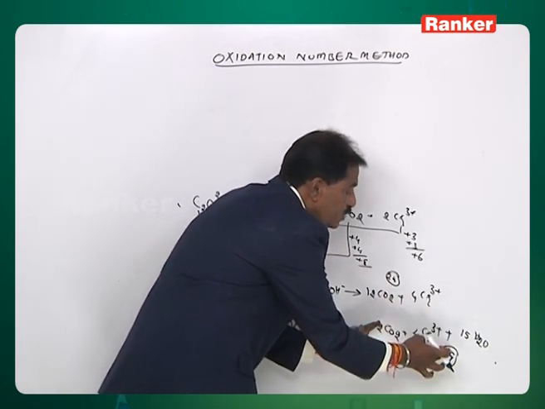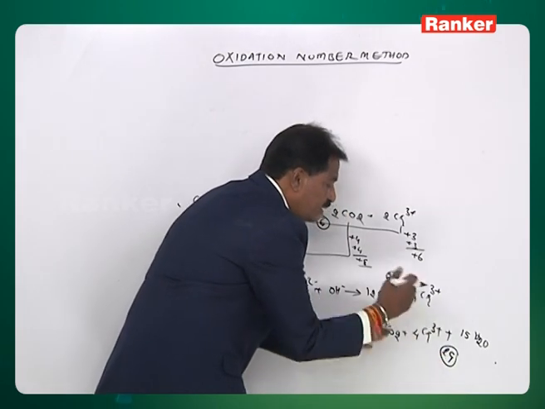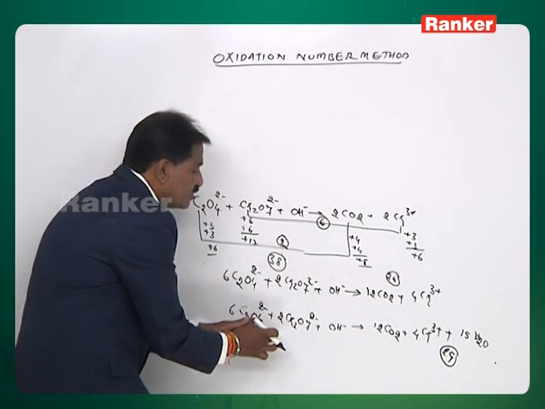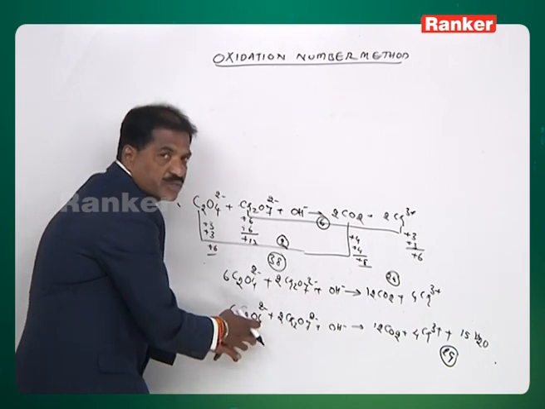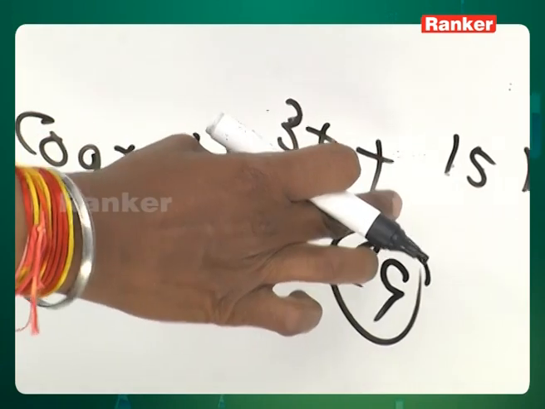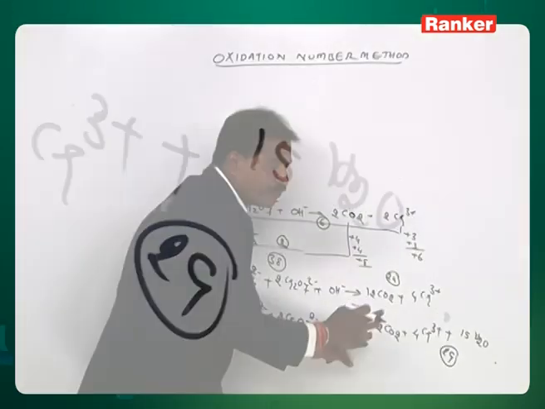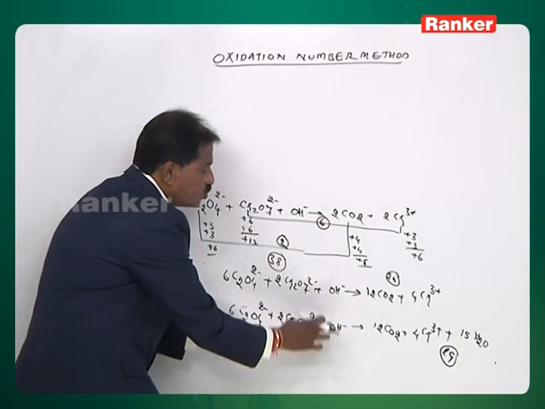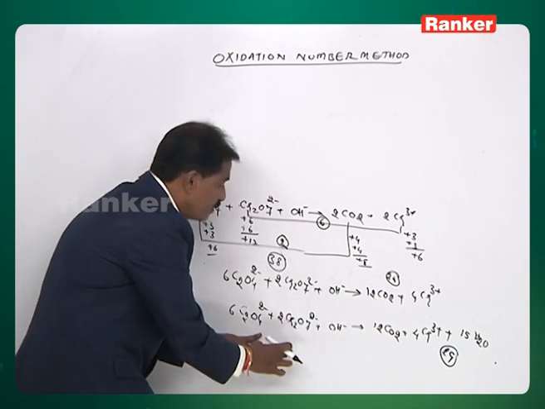Then if you add the OH groups, in the same step we have to add the same number of water molecules to the opposite side. That means in this entire process, on the excess side OH groups have to be added, and to the deficient side H2O, that means water molecules, have to be added.